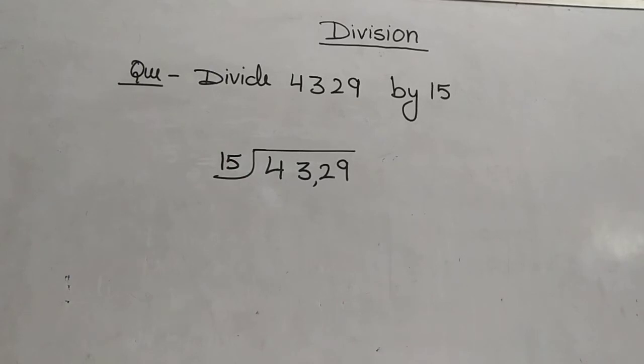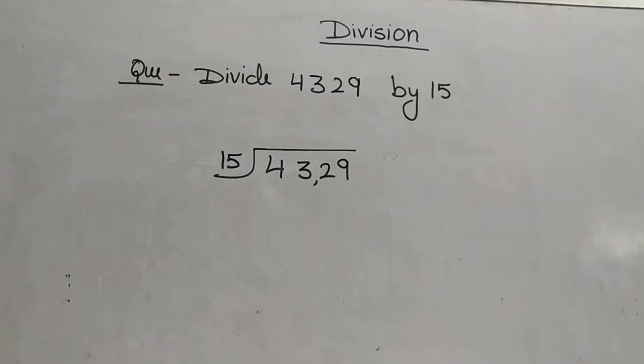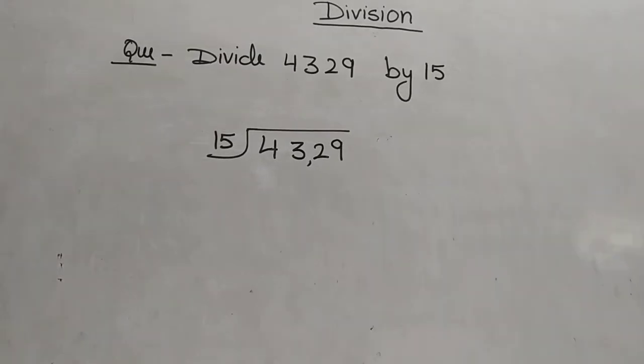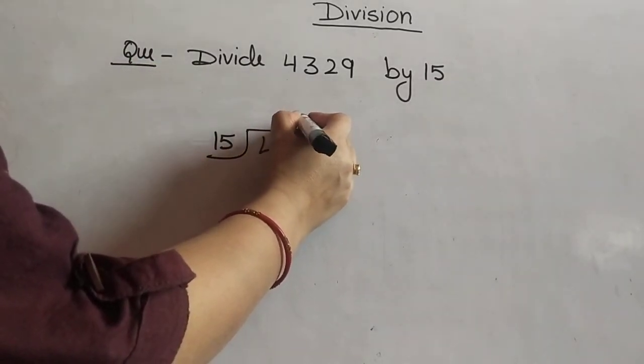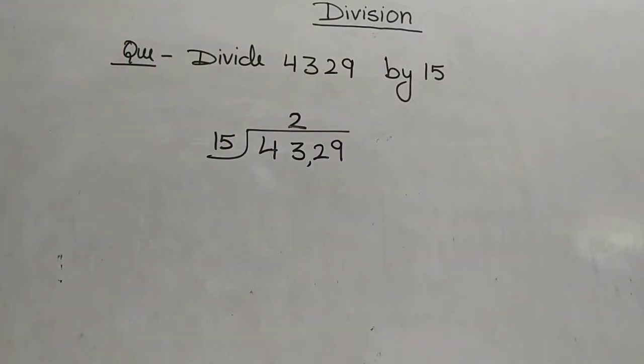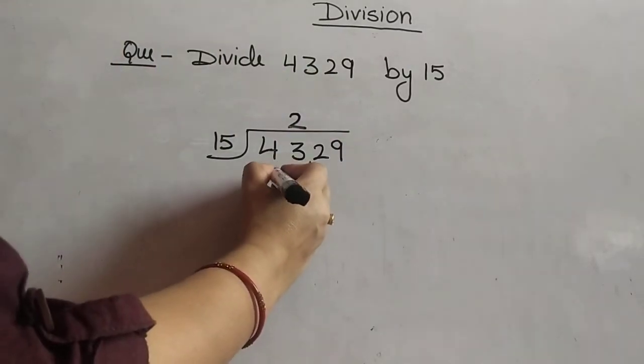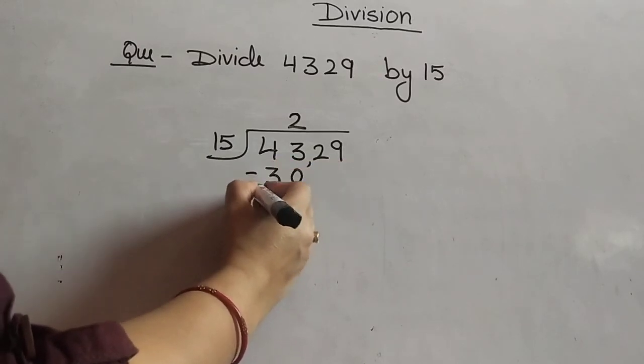For that, we need the table of 15. Here, we use the table of 15 such that the product is equal to or less than and nearest to 43. 15 ones are 15, 15 twos are 30, 15 threes are 45. 45 is greater than 43, so we'll take 15 twos are 30. 30 we will write under 43.